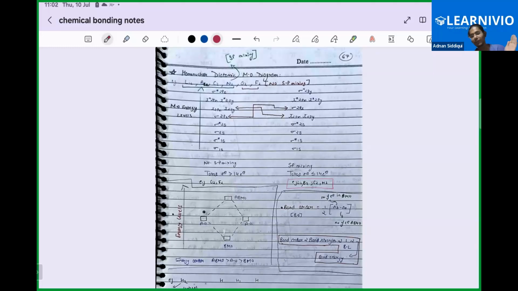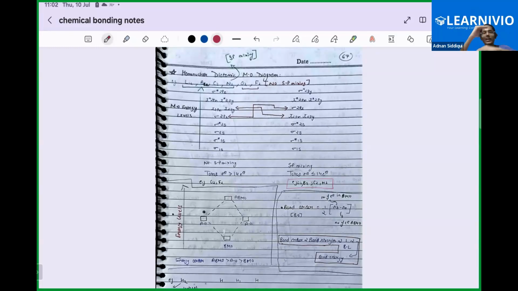Because as you are moving from nitrogen to oxygen, the number of electrons is more than 14, and this causes the difference. So what is happening is, till nitrogen, the s and p orbitals were near each other, not far apart, due to which sp mixing was present.